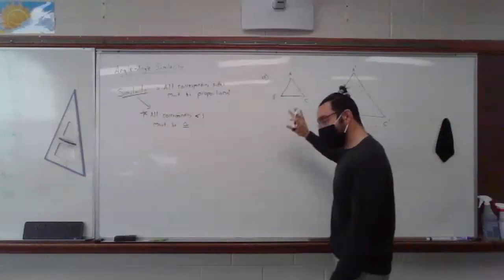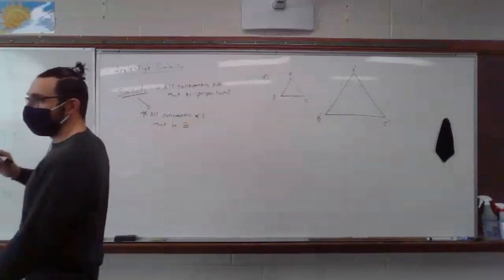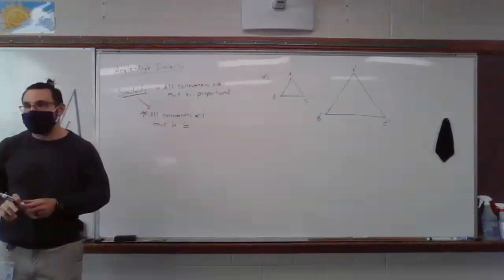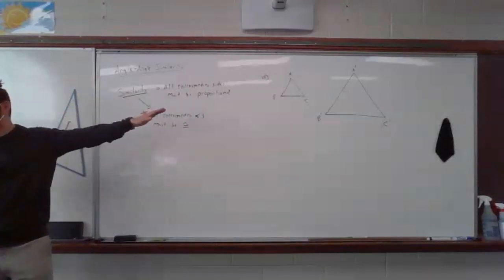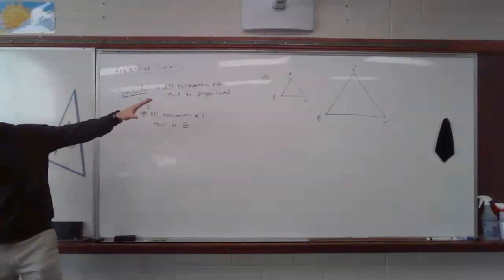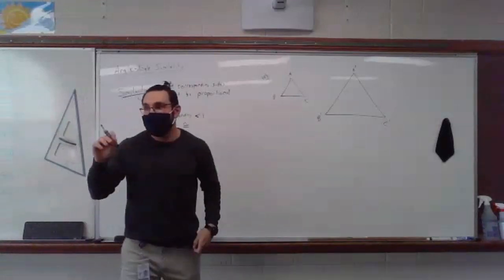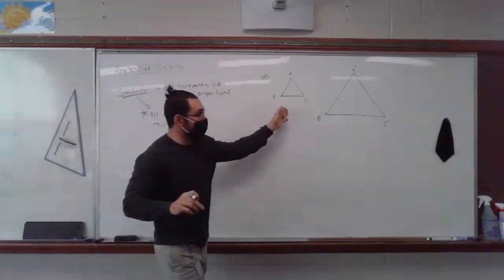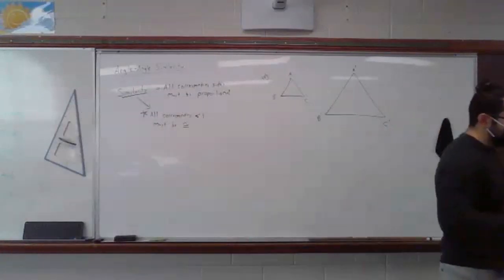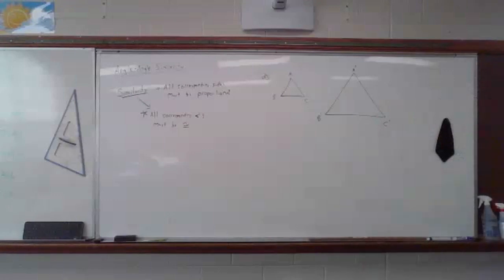Right now, as it stands, is there enough information to tell that triangle ABC is similar to triangle A prime B prime C prime? Do we have any information whatsoever? No, there's nothing up there. We could say, well, they look to be similar, but we don't know for sure. We can say it's a dilation. We can say this looks to be an enlargement, but we don't know that it's similar yet.